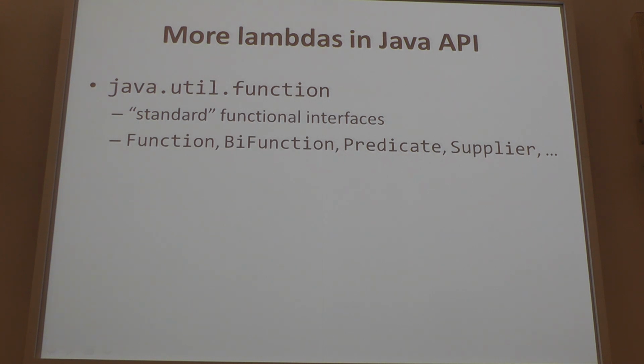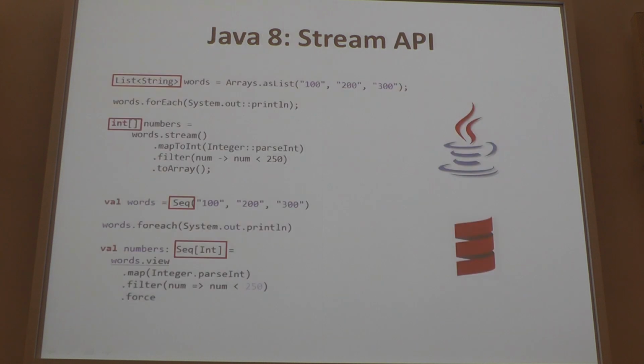So, for example, the Predicate is something that takes one input value and returns a boolean. Supplier is a function that does not take any parameters and returns some value. And these are used in the streams API. So, for example, the filter method requires a predicate.